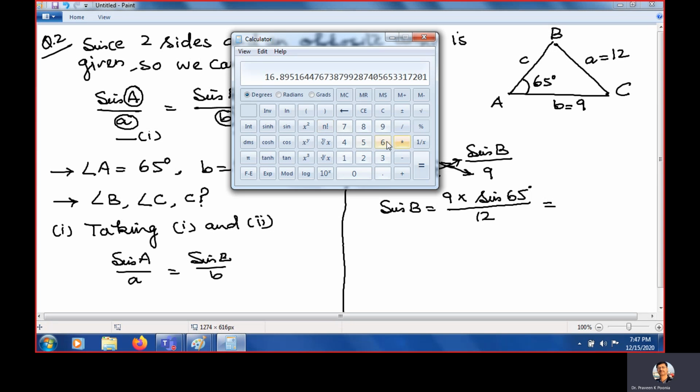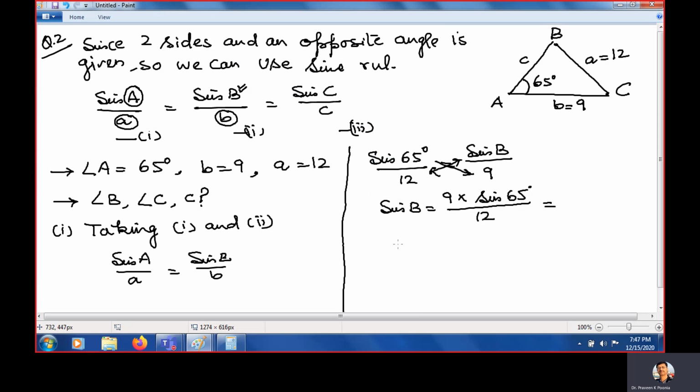Open the calculator. First calculate sine 65 degrees, multiply this by 9, then divide by 12. How much is it? It is 0.6797. This is okay.